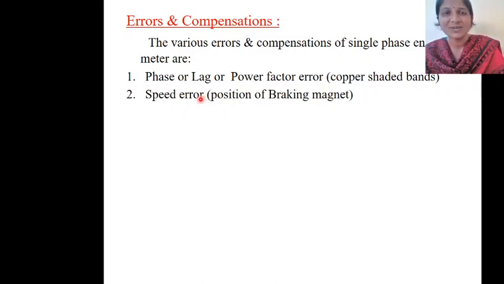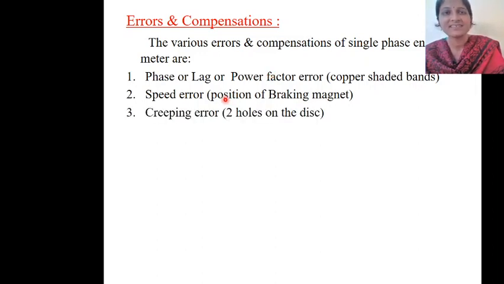To avoid it, you use the position of the braking magnet. If you move it inside, so that most of the area of the disc is covered, the error will be less. If it is at the edge, the error will be more. So by moving the position of the braking magnet, the speed error will be reduced.